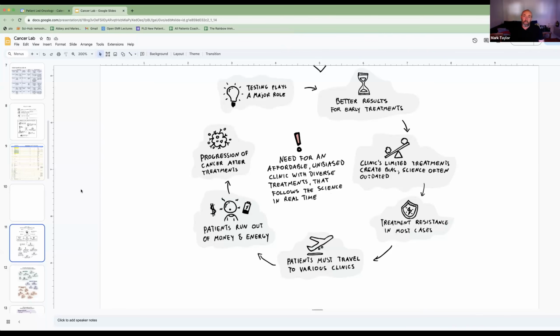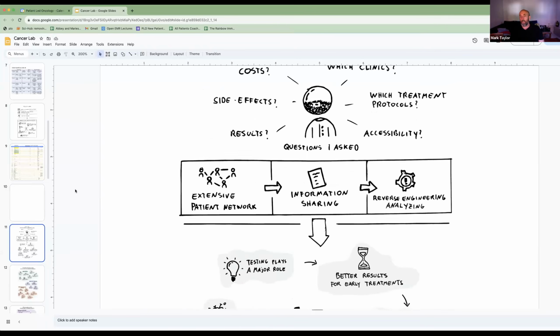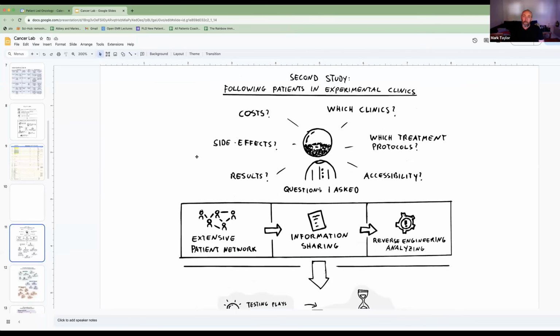So I did a second study where, through my group, I started speaking to patients going to these clinics. I captured data about how much they were spending, what the experience was like, what side effects, and even the exact protocols, what treatments they were doing and what dosages if they could get it.